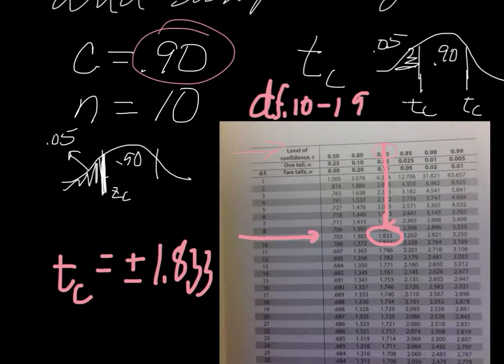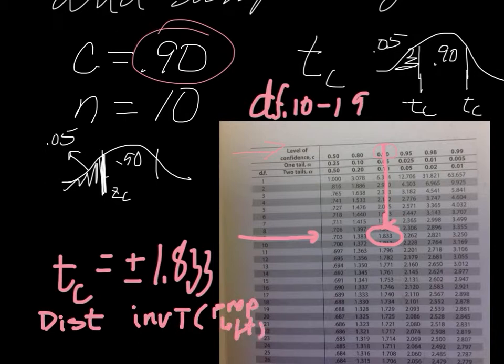Now we can also use our graphing calculators to do this. On the calculator, you would go to the distribution menu, and you would use something called the inverse T, where you would list the probability to the left, comma, the degrees of freedom.